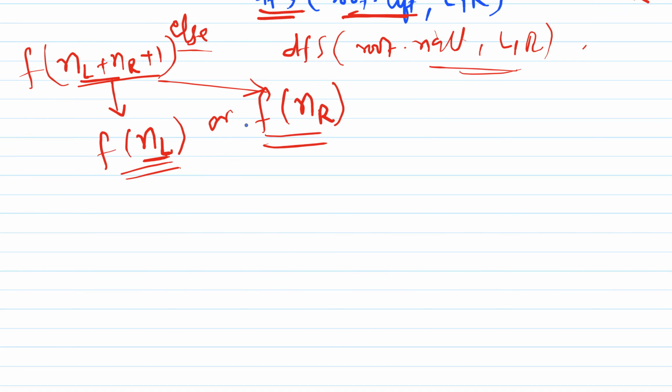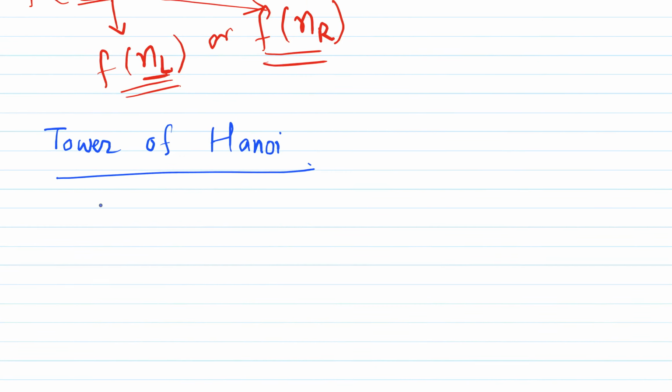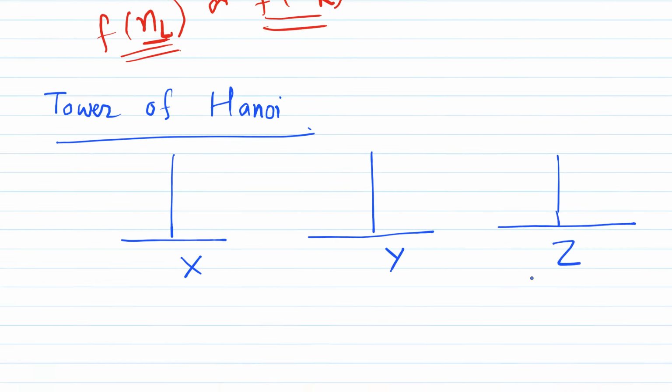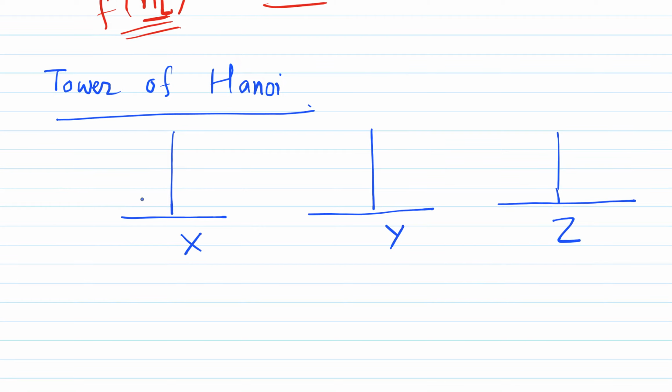It's a popular problem that's highly recommended for understanding recursion concepts, and it's called Tower of Hanoi. So here you have three towers. Let's call them X, Y, and Z. And you have a few disks on them like this.